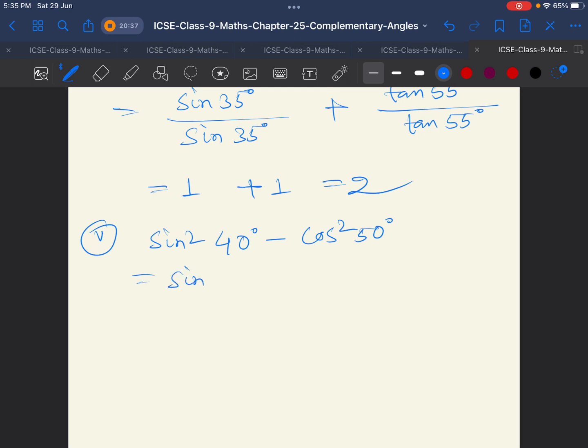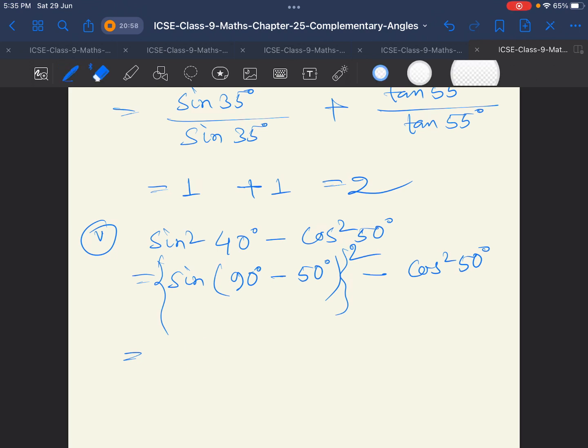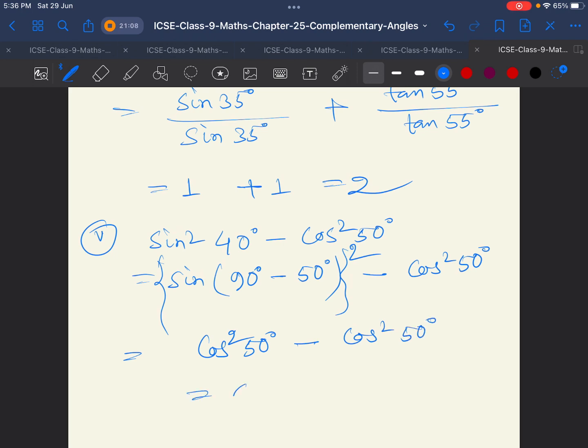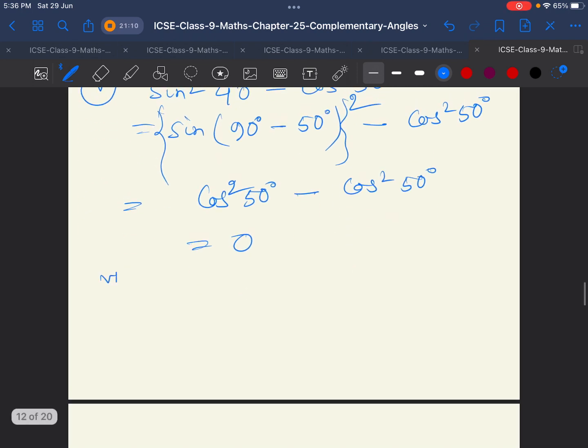Okay, so we can write sine 40 degree, whole square, minus cos square 50 degree. So sine 40 is sine of 90 minus 50, this will be cos of 50 degree, so cos square 50 degree minus cos square 50 degree, this is 0.